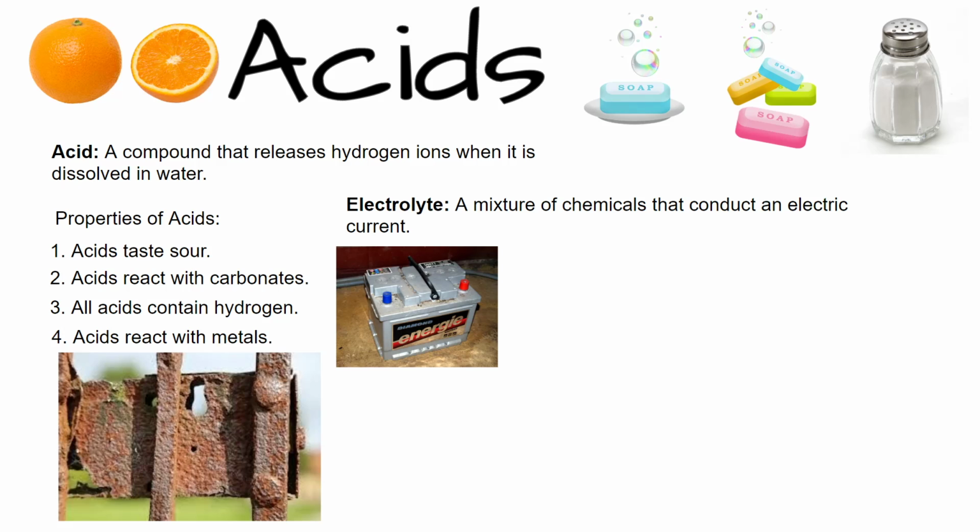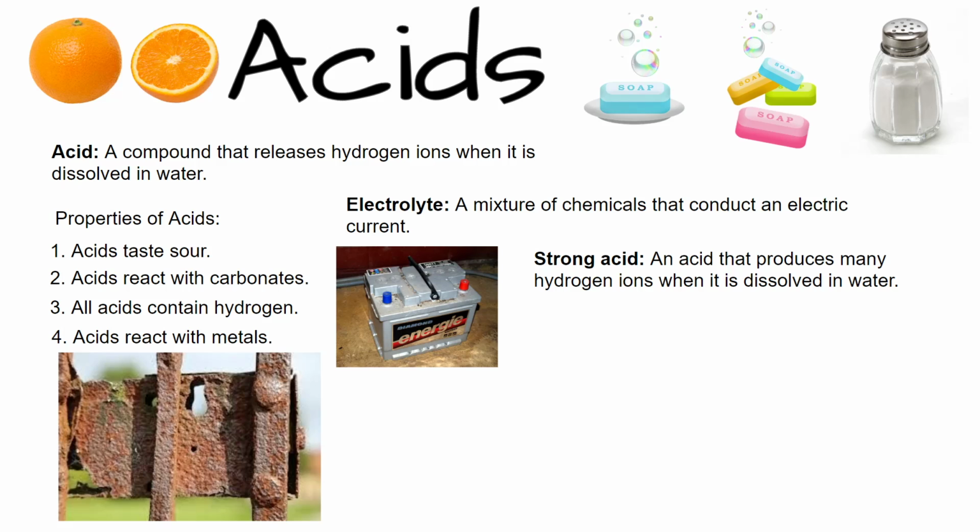Some acids then produce more hydrogen ions than others do. A strong acid is an acid that produces many hydrogen ions when it is dissolved in water. Nitric acid is a strong acid that ionizes completely in water. 100 HNO3 molecules would produce 100 hydrogen ions and 100 nitrate ions.